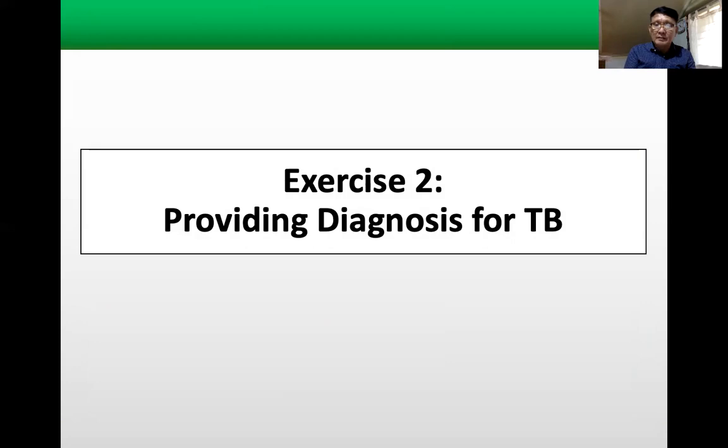And after this topic, I think you have some exercises to do, so that you can not only get familiar, but also get fully acquainted with all the policies that we have for diagnosis of TB. So I'd like to thank you for the time, and may you continue to pursue the rest of our MOP topics. Okay, so thank you so much, and good afternoon.